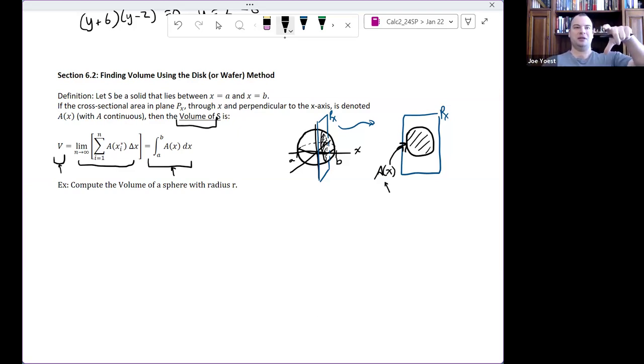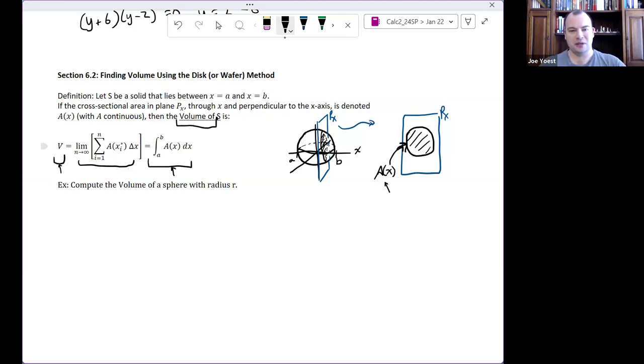I have a large radius cylinder that's still pretty thin that I'm adding on. And then I go back down the other side. I add a lot of these wafers or discs together and I get something that looks roughly like the sphere, but it's all jaggedy.